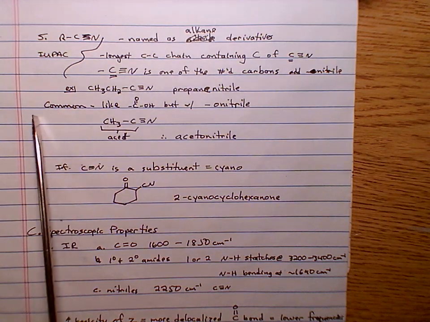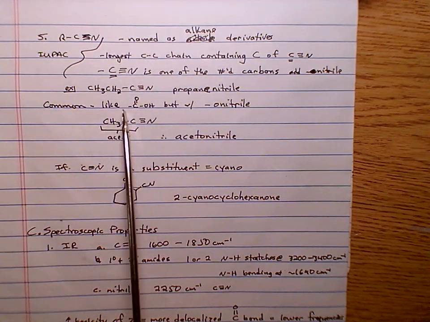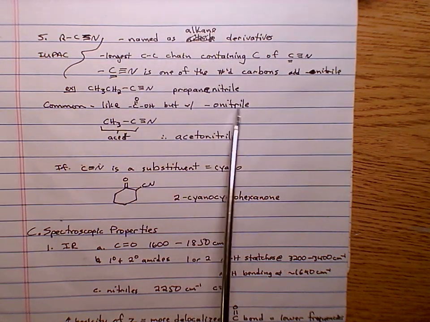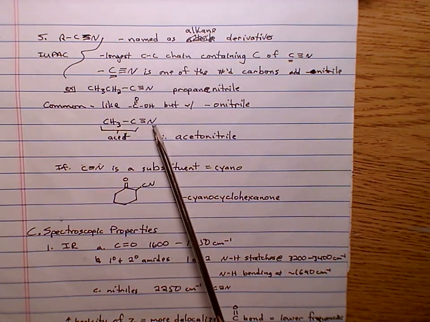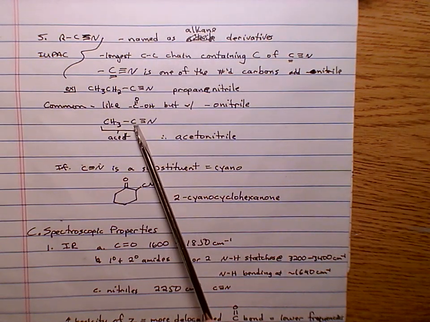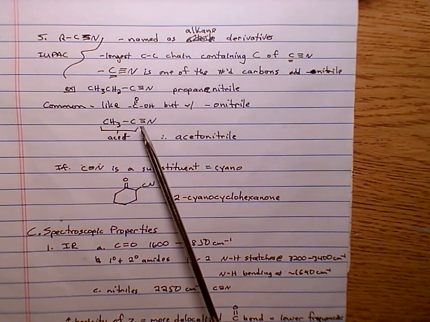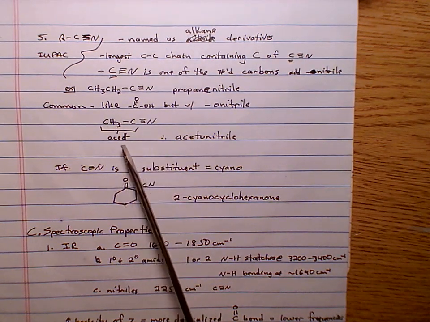Of course, that's IUPAC. The common name is just like before. We name it just like we named the acid, but add "o-nitrile." So note, if CH3 single bond C triple bond N, this CH3C would be the acid group, and so it would have been acetic acid. We drop "ic acid" and add "o-nitrile," acetonitrile.